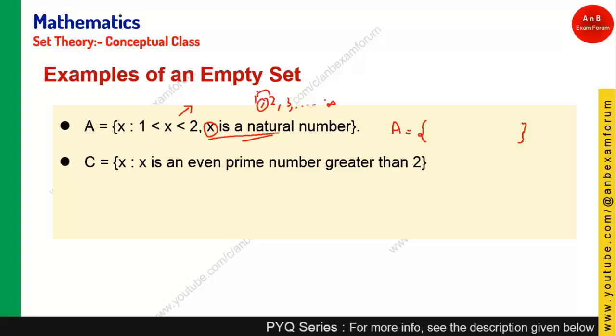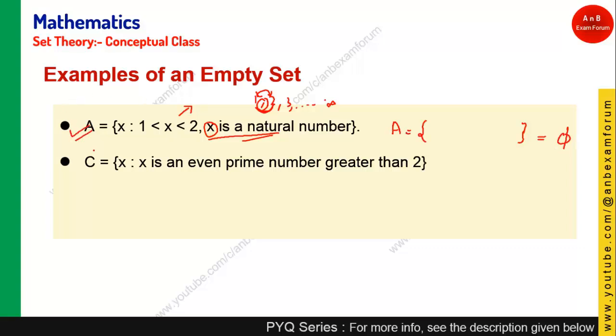Although there are real numbers between them, it strictly says that x should be a natural number, so there are no natural numbers between 1 and 2. So this A will not have any element, or it can also be denoted by phi. So this is basically an example of an empty set.